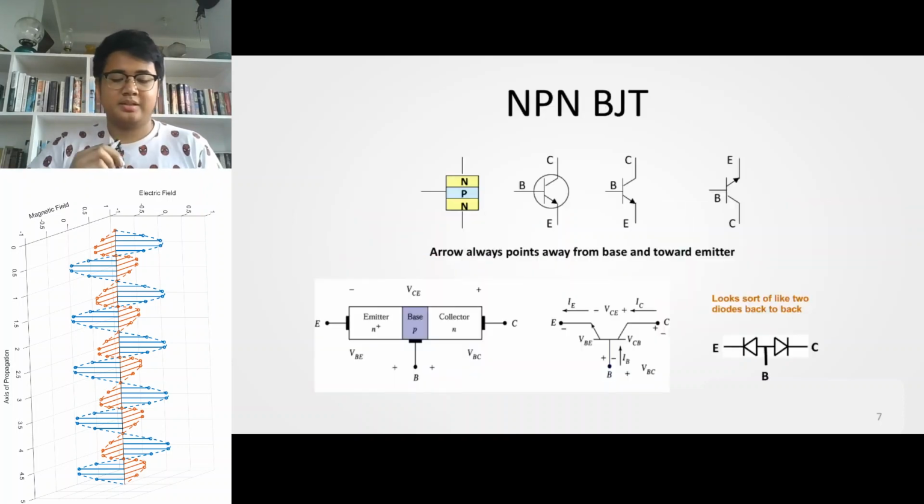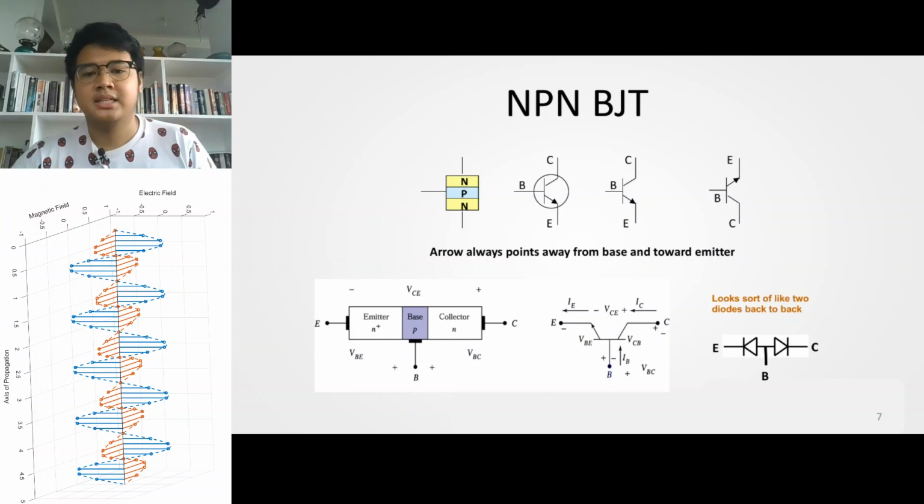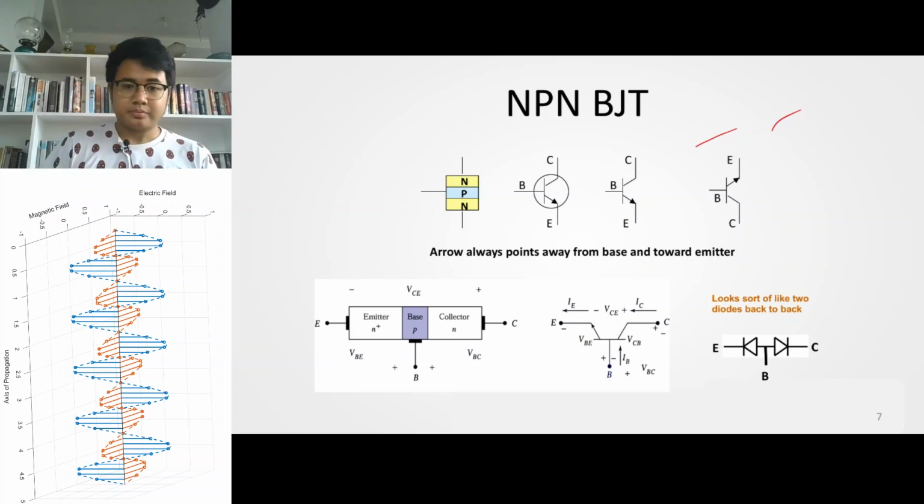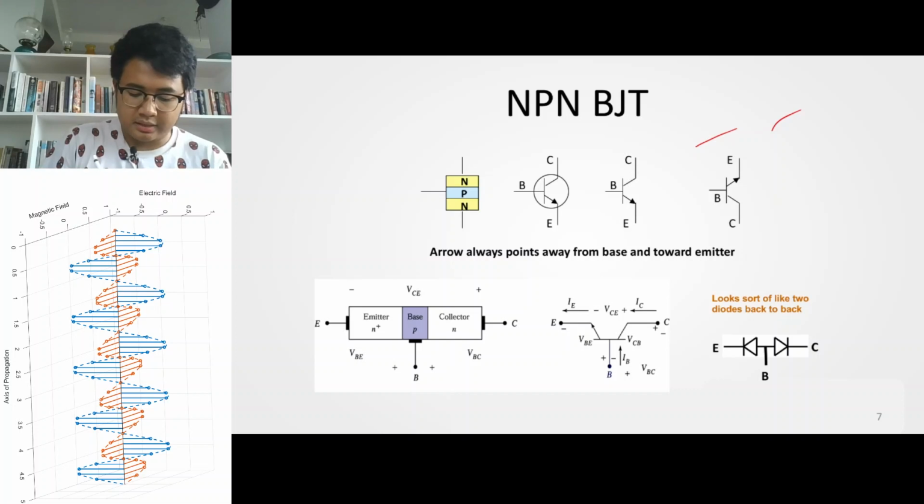Okay, so the NPN BJT can be drawn in a schematic shown here. It has three terminals, right? And the collector is normally at the top.